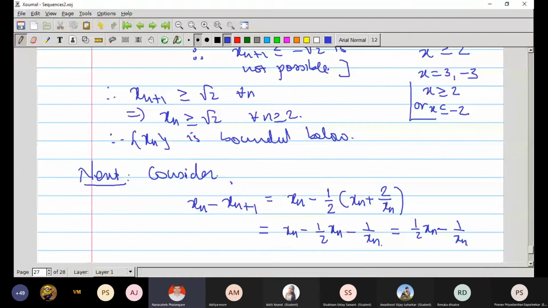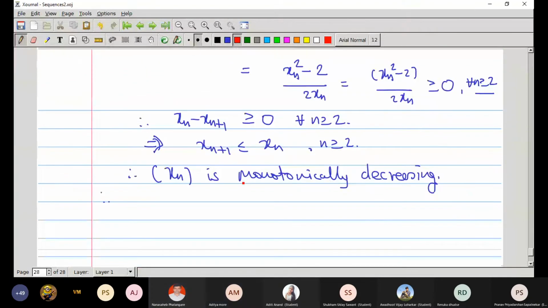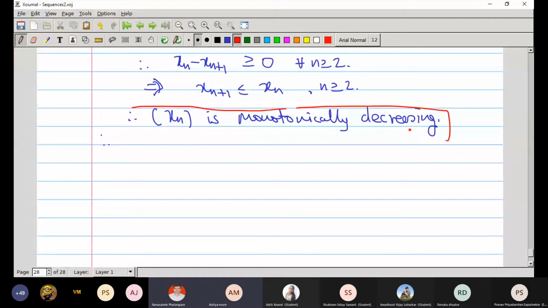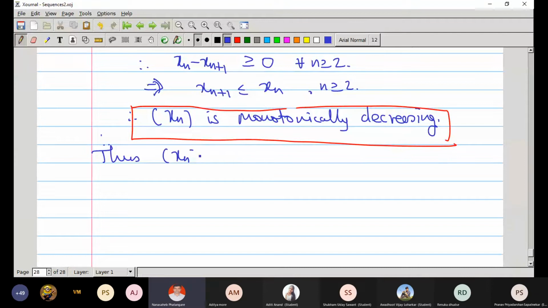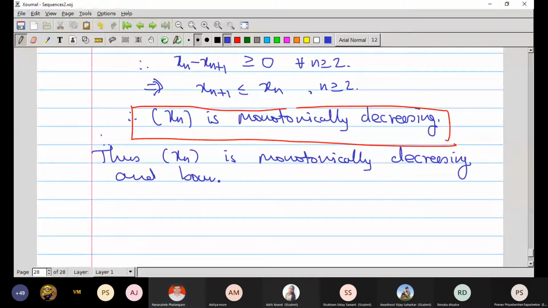So what is the conclusion? Thus, xn is monotonically decreasing and bounded below, and hence convergent. Right?